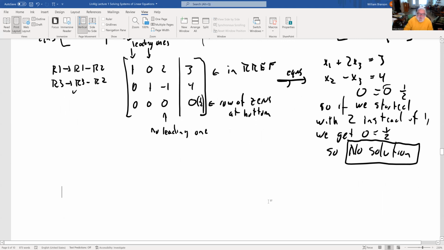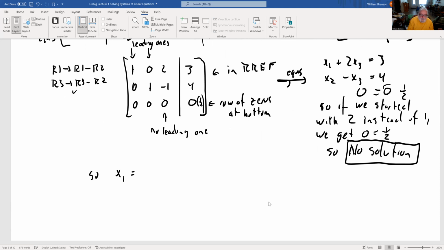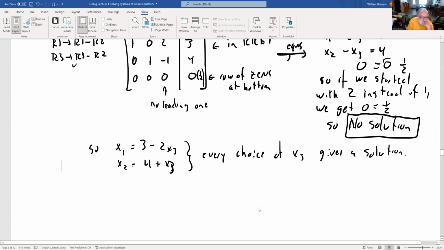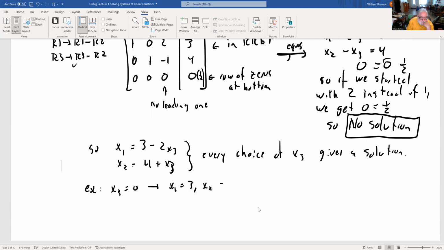So what actually are our solutions? Every choice of x3 gives us a solution. So if we have x3 equals 0, that would give me x1 equals 3, x2 equals 4.